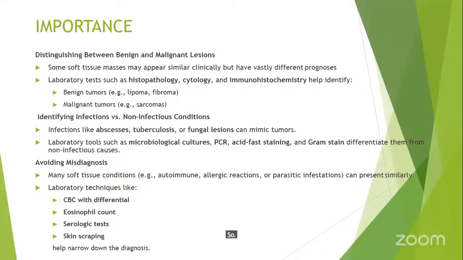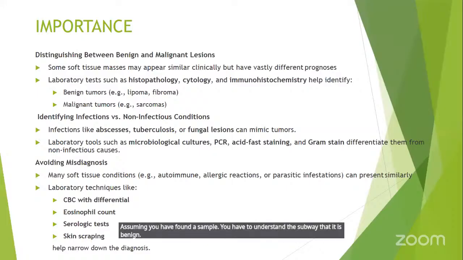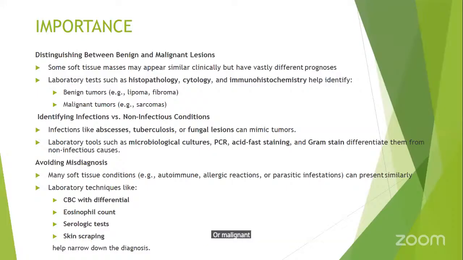So why is it important to have a differential diagnosis? Is it necessary? Yes, it is highly recommended because you have to differentiate whatever you are seeing, assuming you have found a sample. You have to understand this sample, whether it is benign or malignant. Benign things are not cancerous, but malignant lesions are highly cancerous.